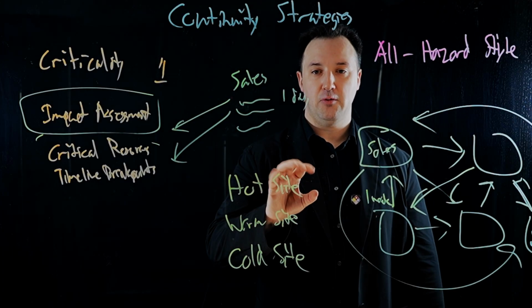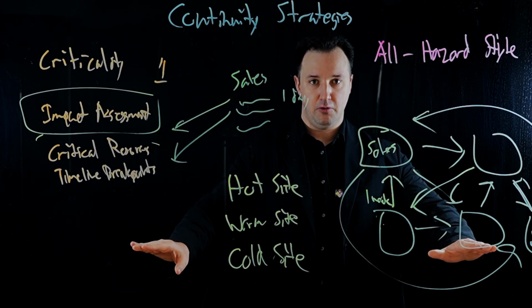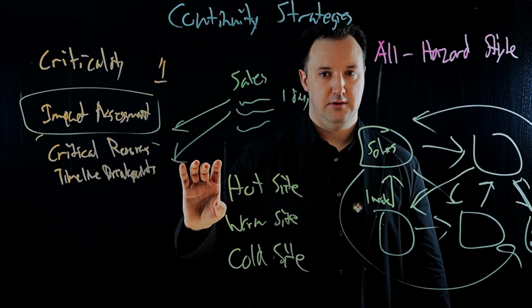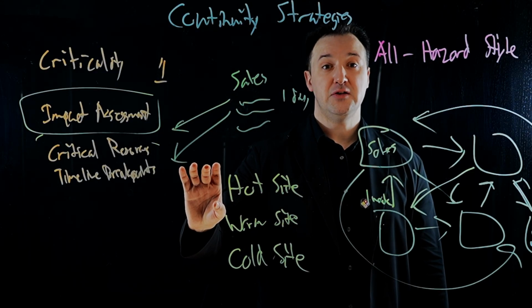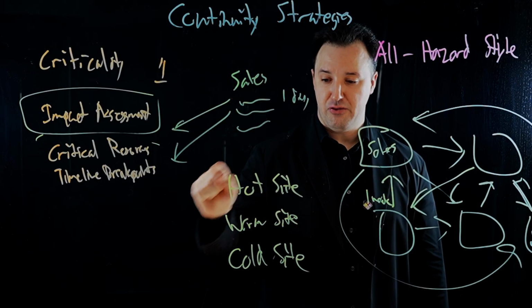This is the type of site where people can drop in and start work, and they're good to go. This is very expensive. But if you need to be operational as fast as possible on an alternate site, that is what you're looking at.